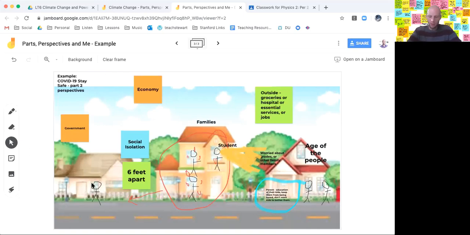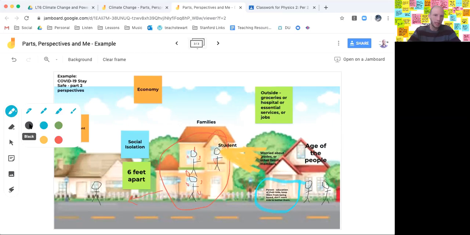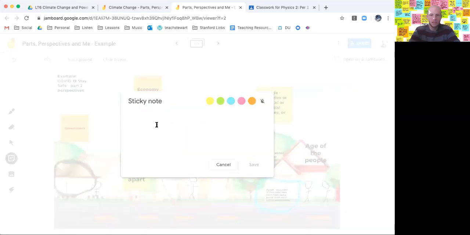Okay, let's think of what are some other perspectives. Maybe this person over here who lives by themselves is the governor. And so they might have their own perspective on this. Let's go black highlighter. So let's go over here. This person's perspective is they are the governor.